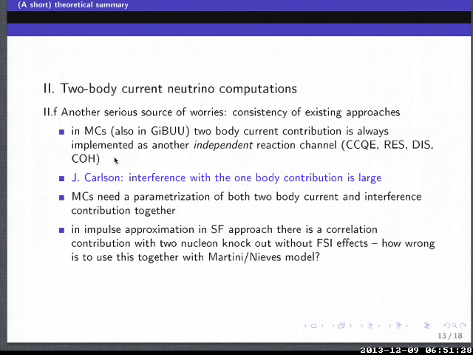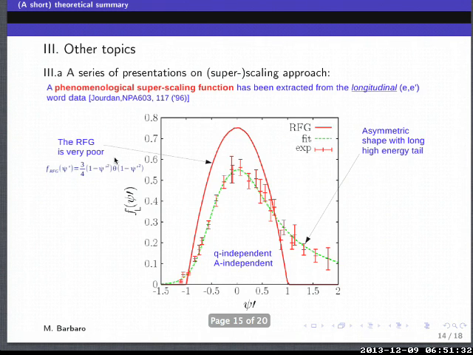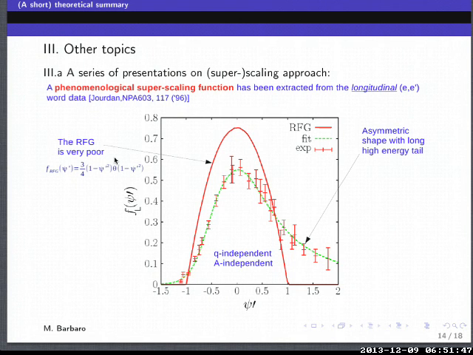Okay, Jose is here. I thought all the superscaling people had left already. There were several talks on various types of scaling approaches and models, and in particular I picked out this one, which is very nice: the longitudinal response, a phenomenological fit to the existing data.